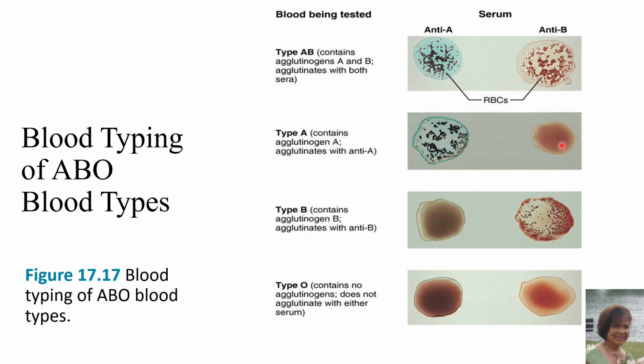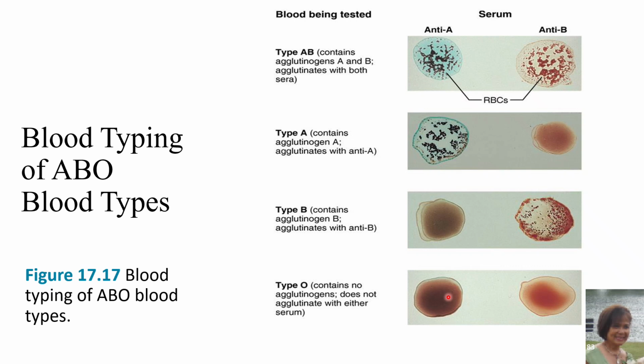If there's no reaction in B and a reaction in A, this is only blood type A. If there's a reaction in B and no reaction in A, this is blood type B. Blood type O will not show any clumping or agglutination.